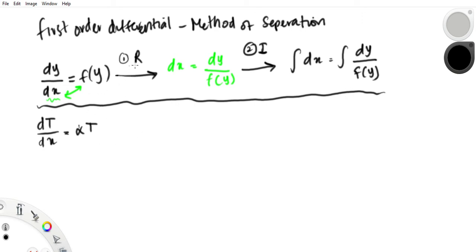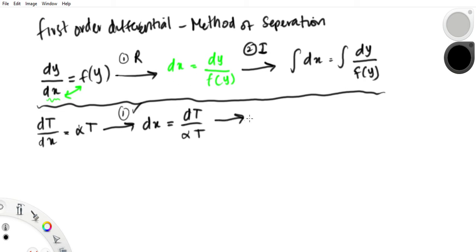Anyway, the first step is to rearrange. We need to get whatever's at the bottom of this differential annotation to be the subject, so dx in this case, and it's going to be dx equals dt over alpha t, which is the first step done correctly.